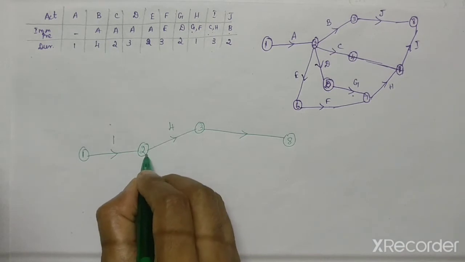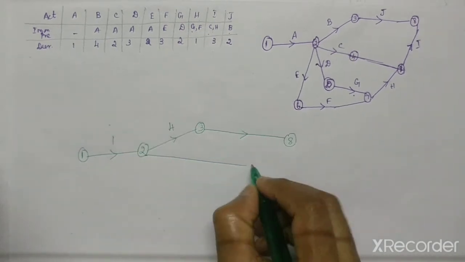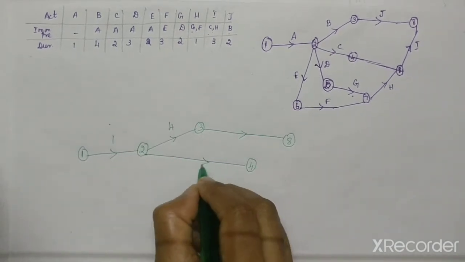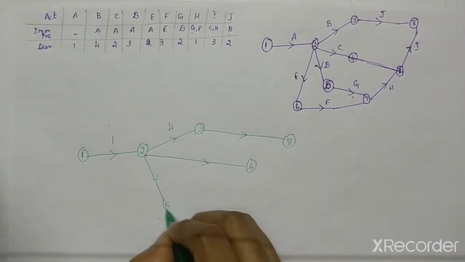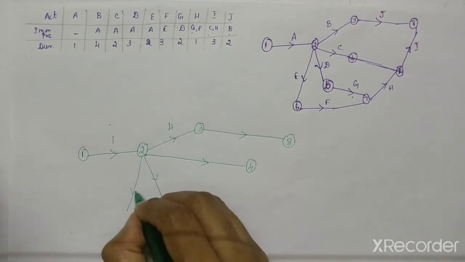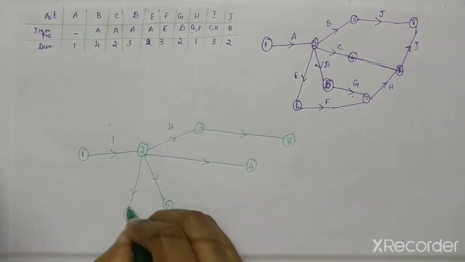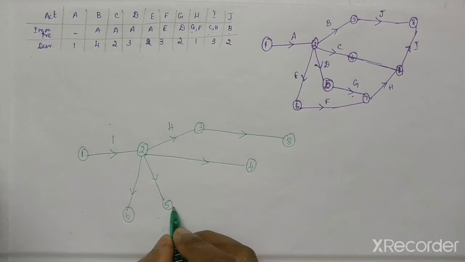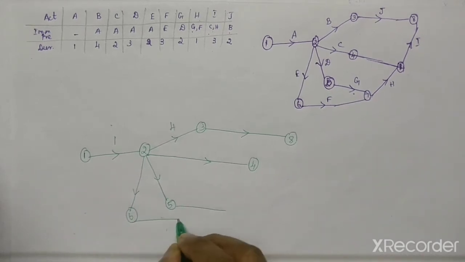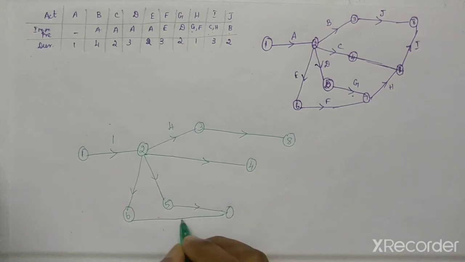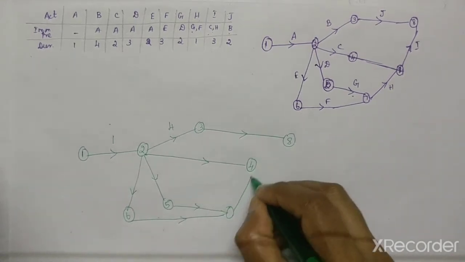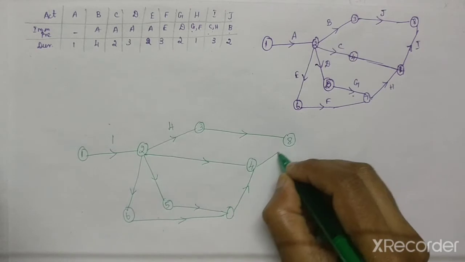So from 2 to 4, next 2 to 5, the next 2 to 6, the next we have to join this and this. The next you have to join this one and finally this one.